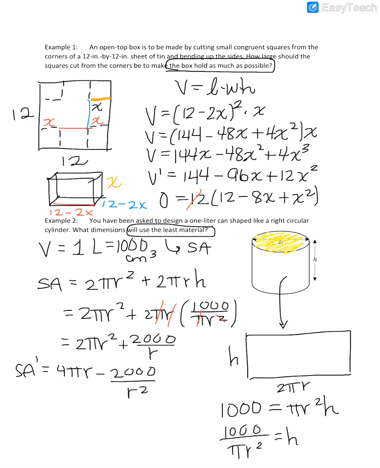All right, I want to set this equal to 0. So I'm going to add the 2,000 over r squared to the other side. And then I can cross multiply. So 2,000 equals 4 pi r cubed, divide by 4 pi, and take the cube root.